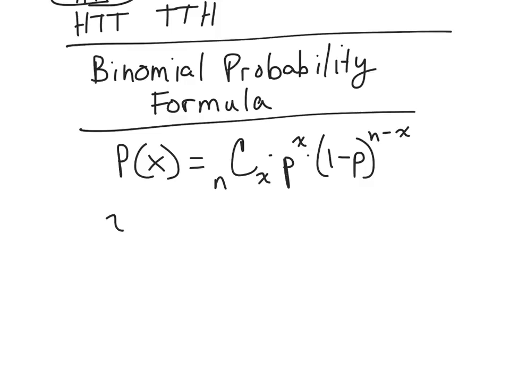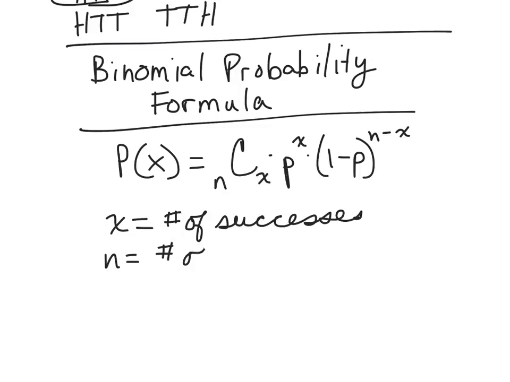So let's talk about the X first. The X represents the number of successes. On our last problem, it would have been 2 because I was interested in finding the probability of getting exactly 2 heads. The n is the number of trials.